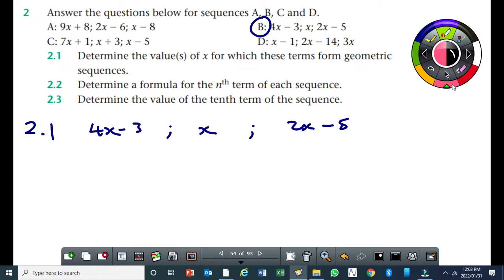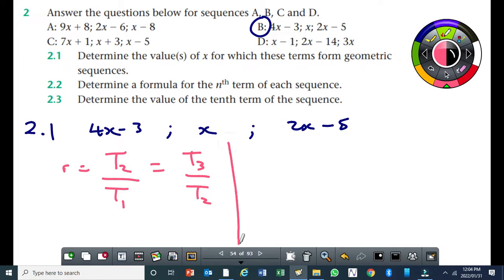Now, first thing, find the common ratio R. So, the common ratio, I'll say T2 over T1. In fact, since we want to find the values of x here, I need you to be aware that the common ratio is also equal to T3 over what? T2.